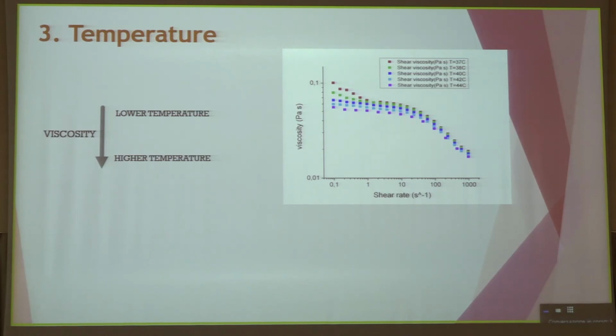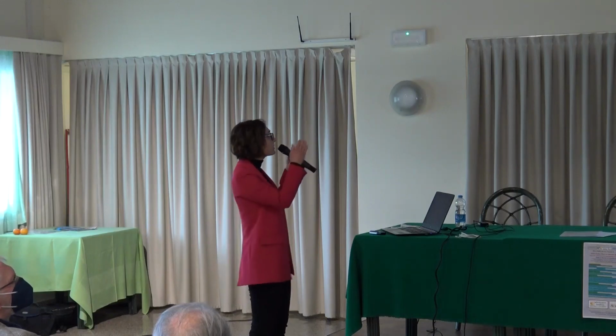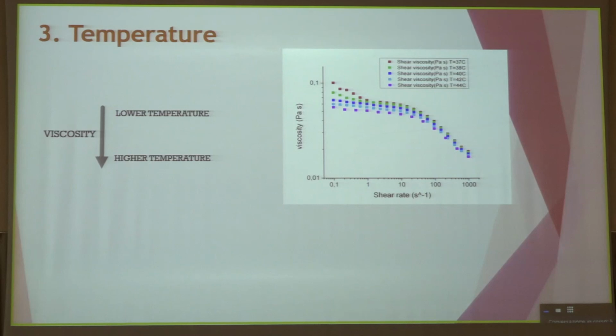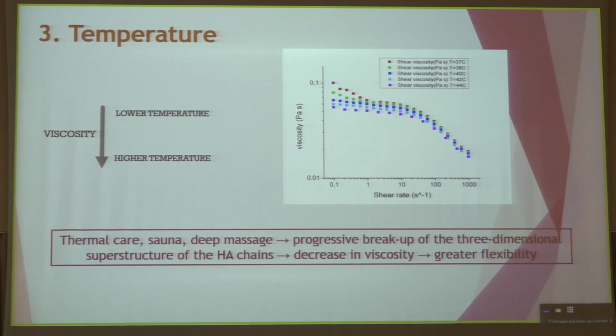So the red line is the 37 degrees viscosity, the purple one is 44 degrees, and so you can see that with a higher temperature we have a decrease of the viscosity, and so again a much more gliding of the tissue. So when we have, for example, a deep massage or a thermal care, there is a breakup of the chains of hyaluronan, a decrease in viscosity, and a greater flexibility of the tissue.